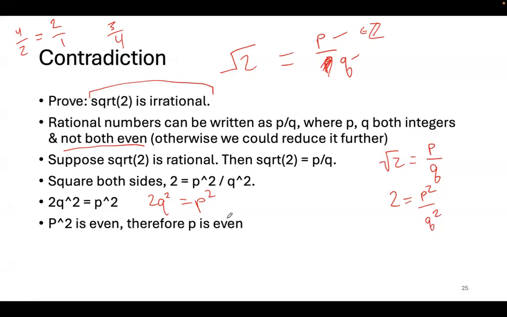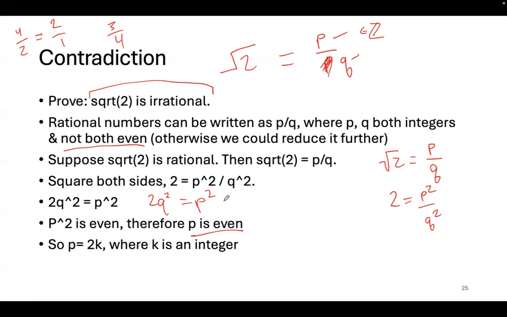So p squared is even. I have proved that the square of an odd number is odd. You can similarly prove that the square of an even number is even. So that's how we know that p is even. If you want to prove that for yourself, I'll leave that as an exercise.